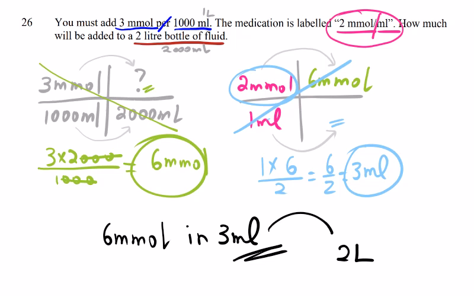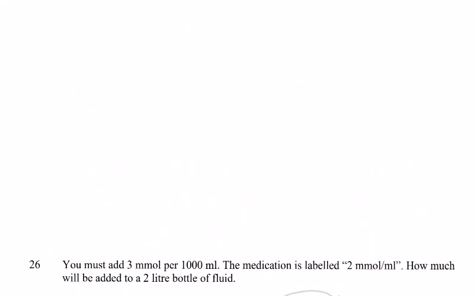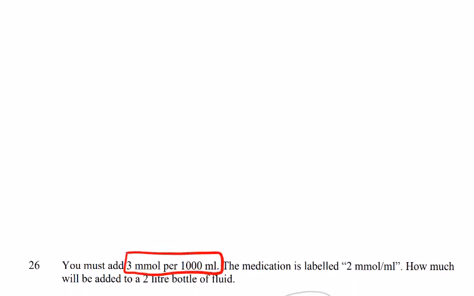If we wanted to do the same calculation using the box, using now the formula method, we would basically do very similar thinking. I'll put the question on the bottom this time. So let's see what we would do. Again, we want to add 3 millimole for every 1000 mils. So we could even say 3 millimole.